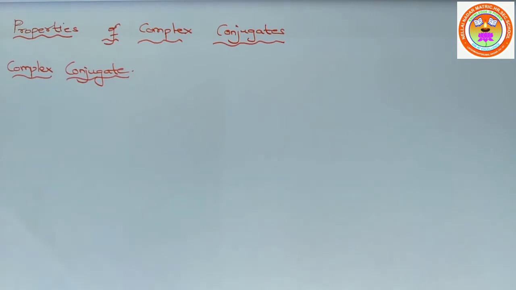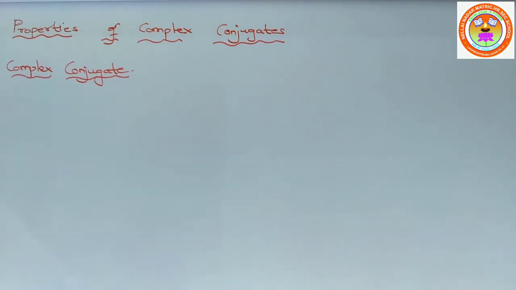Complex conjugates. In the previous exercise 2.3, we went through the associative property of addition and multiplication, the distributive property of multiplication over addition, and finding the additive and multiplicative inverse of a few complex numbers.